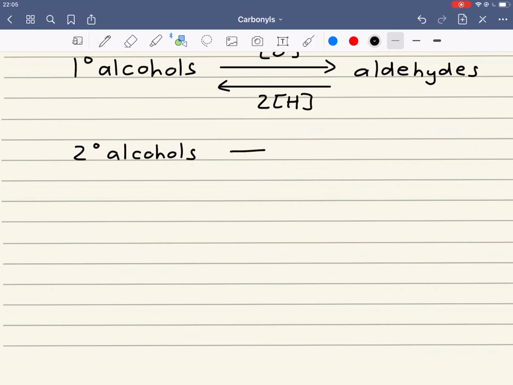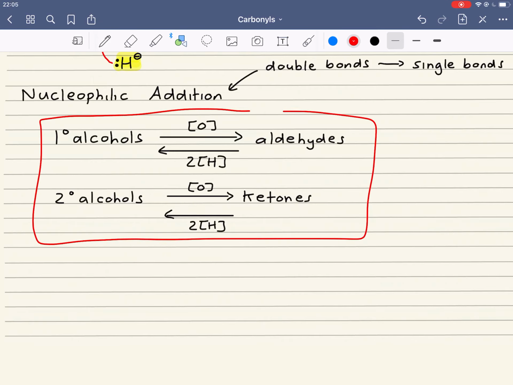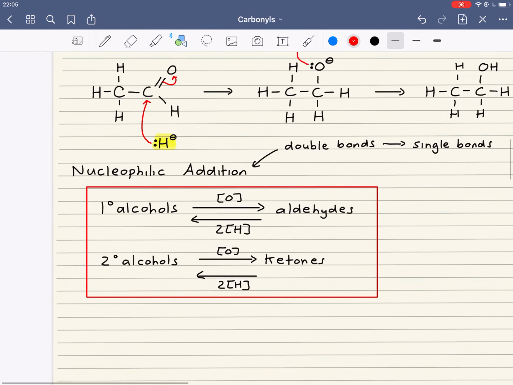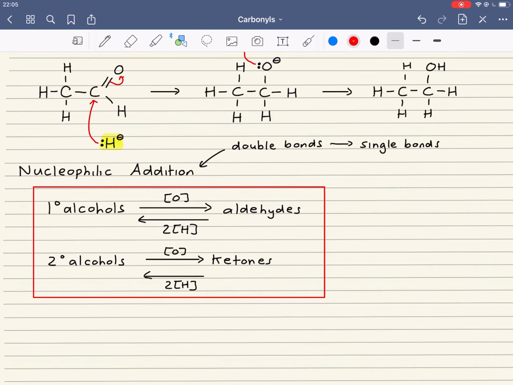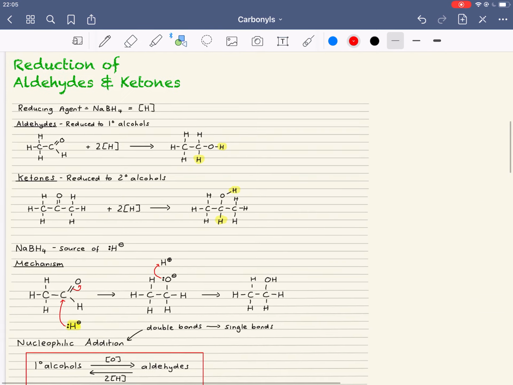Secondary alcohols can be oxidised to ketones, and ketones can be reduced to secondary alcohols. So that there is an overview of the redox reactions involving aldehydes and ketones. And that there is the reduction of aldehydes and ketones.